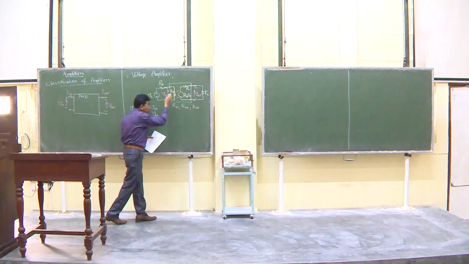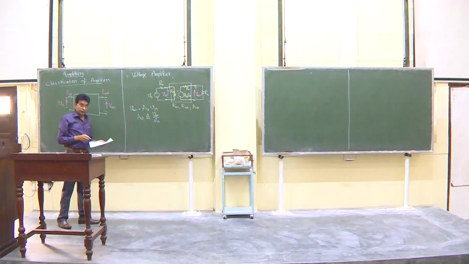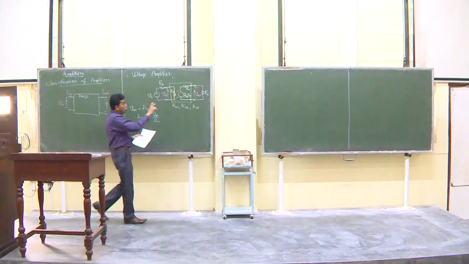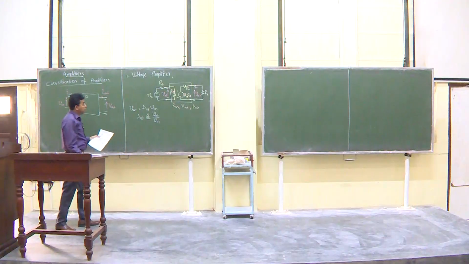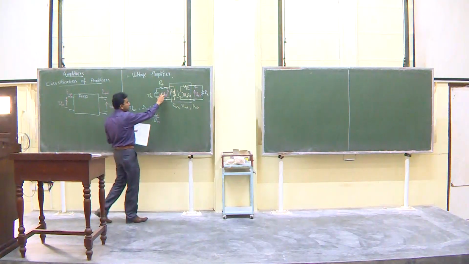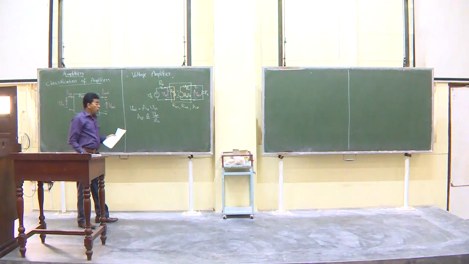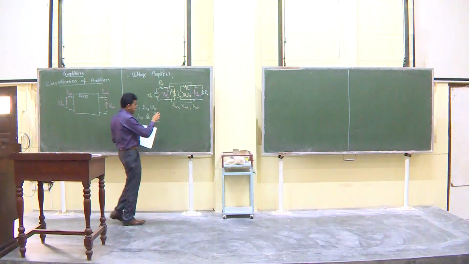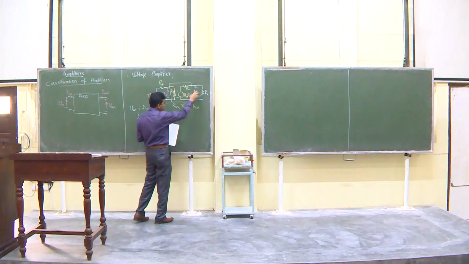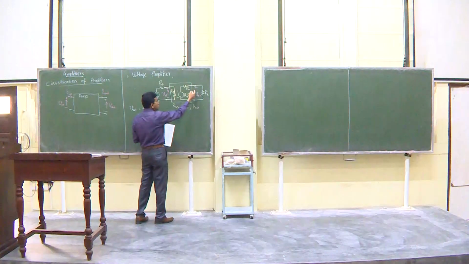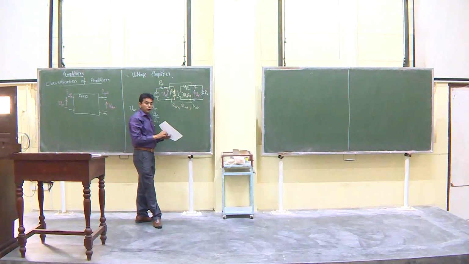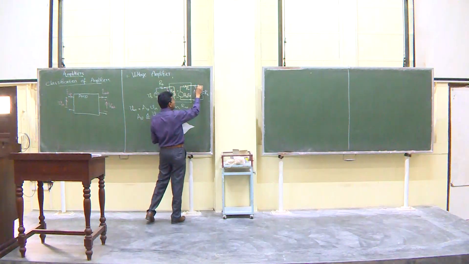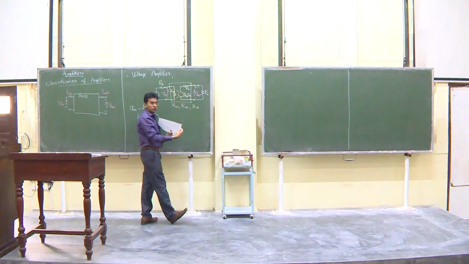Now, what's actually happening when you connect it like this? Let's see whether this output voltage is actually equal to V in times AV. The first thing is, as soon as you connect it like this, the load is going to draw a current.